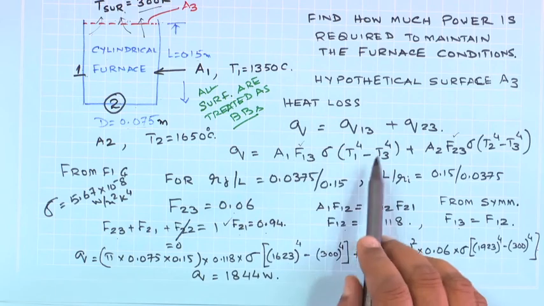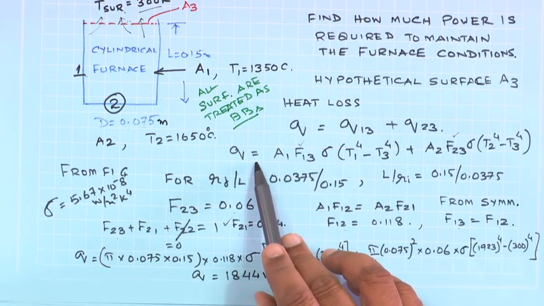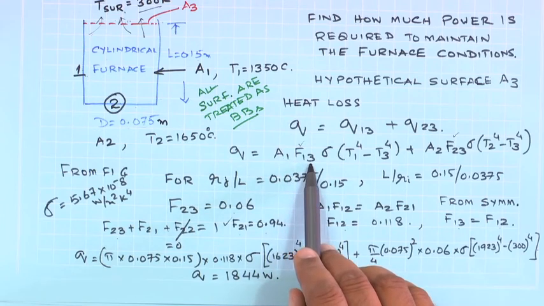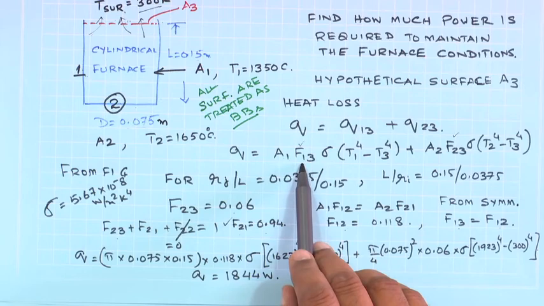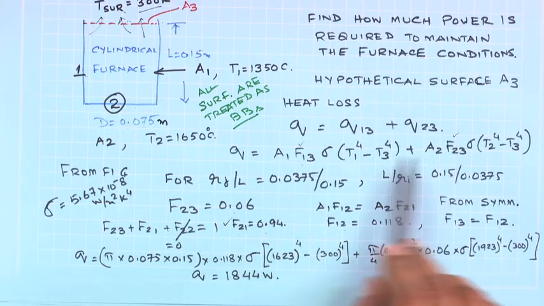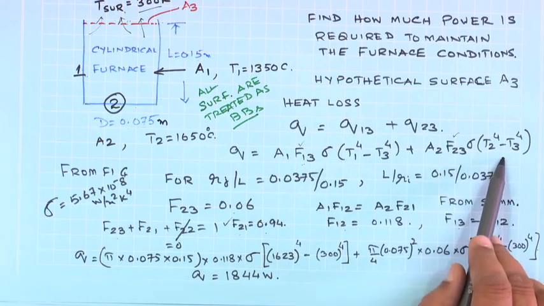In the first part of the class, I found out the exchange of heat between two black bodies at different temperatures. When you introduce the fraction of energy, that means the view factor concept, this is what you have obtained.